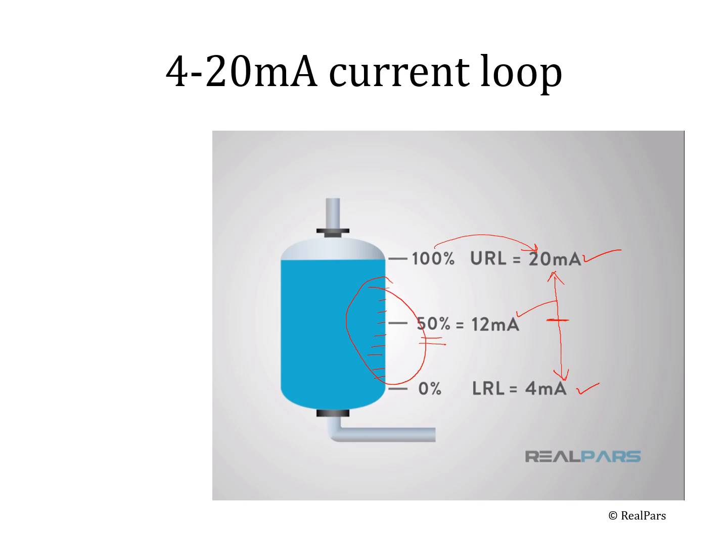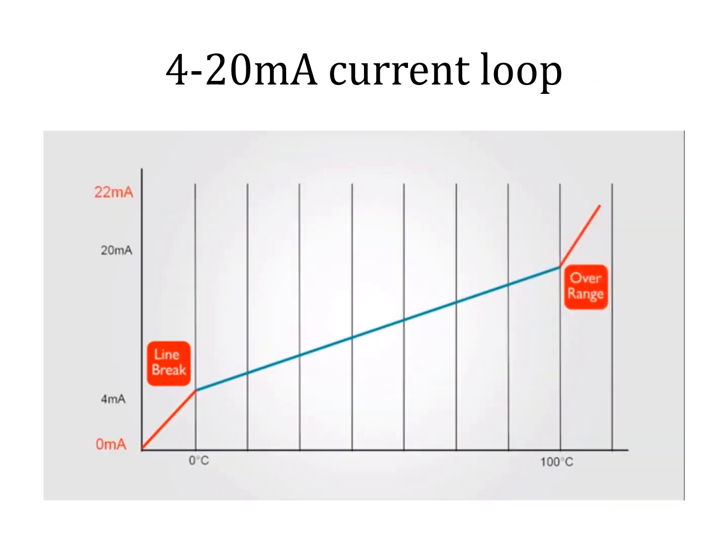The 4 to 20 milliampere current loop is a generalized loop which connects with almost all transducers, whether pressure, temperature, or flow; you can name any one, and it is compatible with the 4 to 20 milliampere loop. For the sake of temperature measurement, let us discuss one example. Suppose a transducer is measuring temperature and giving information to the data acquisition system.